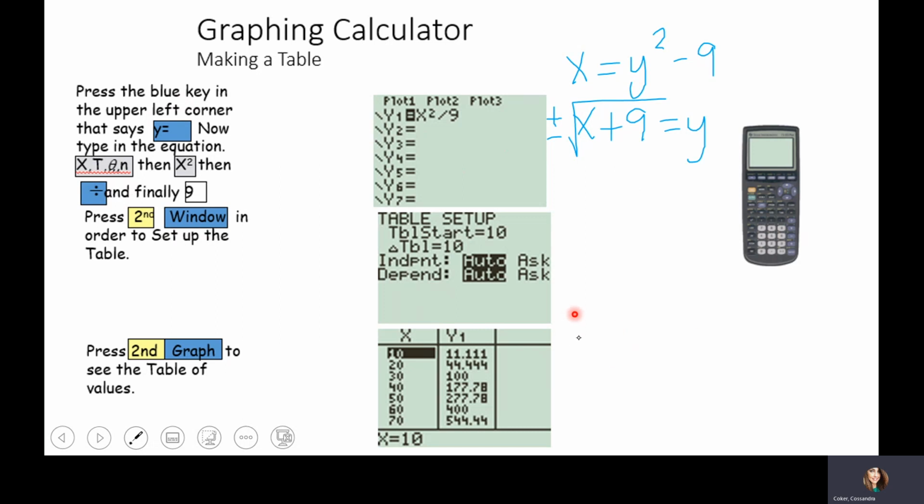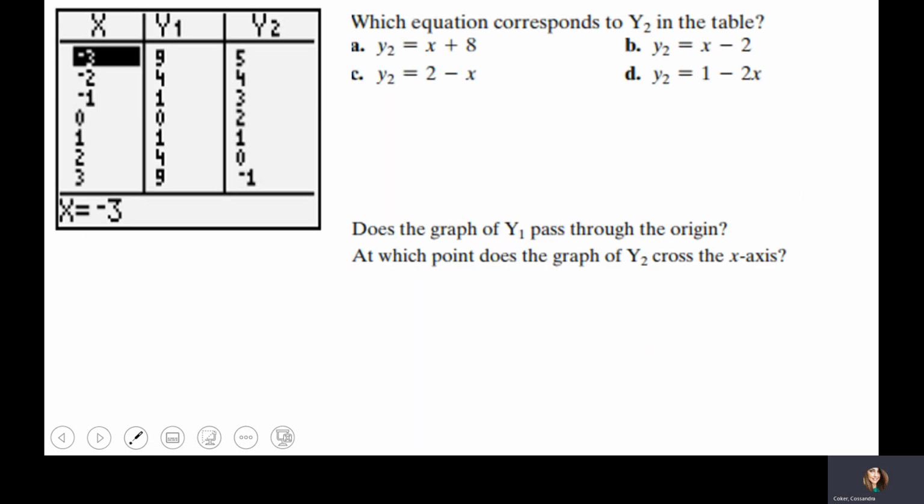All right, now here's the neat thing. In your case, you will be given a table of values that match up with your function. And what these values mean, all right, I actually took these problems from your homework set for section 1.1 and 1.2. Let's say that I type in some equations in my calculator and I get this table of values.